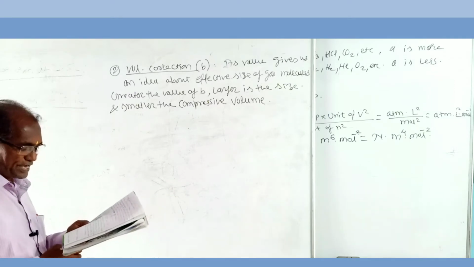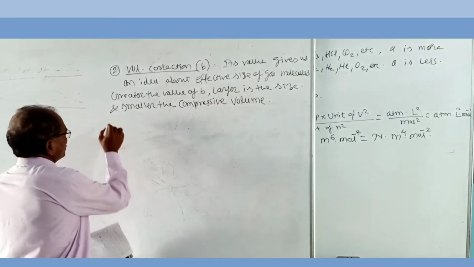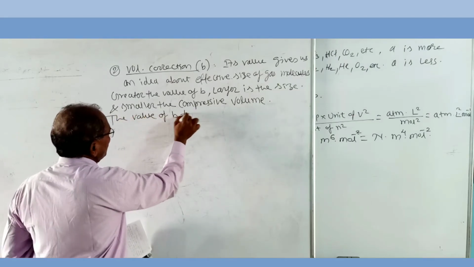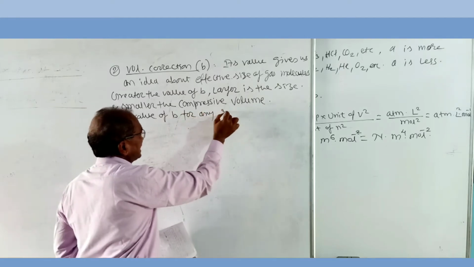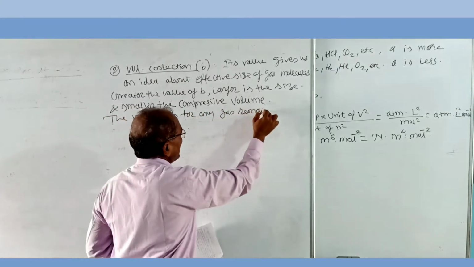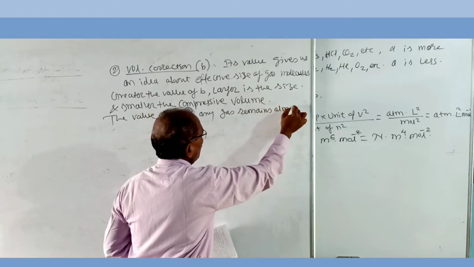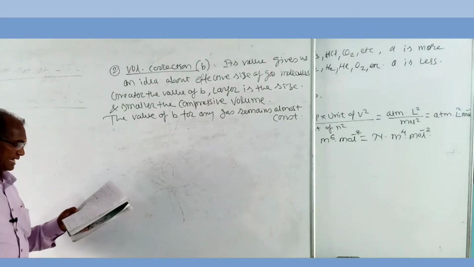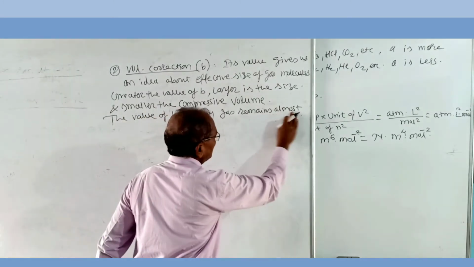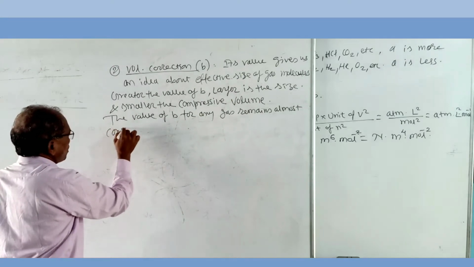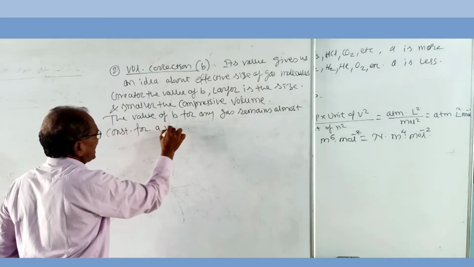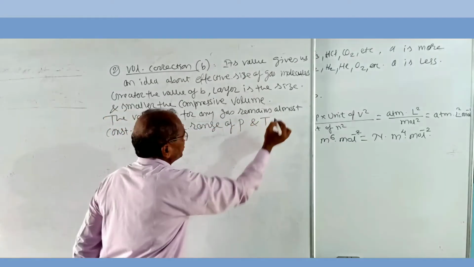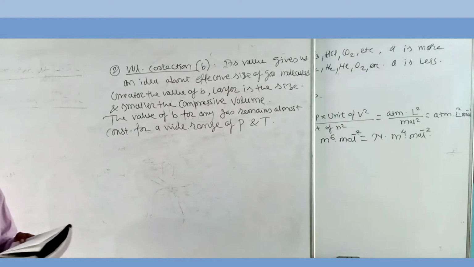The value of b for any gas remains almost constant for a wide range of pressure and temperature.